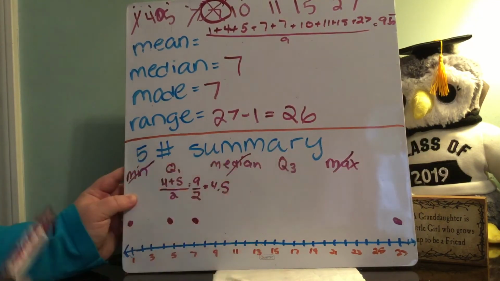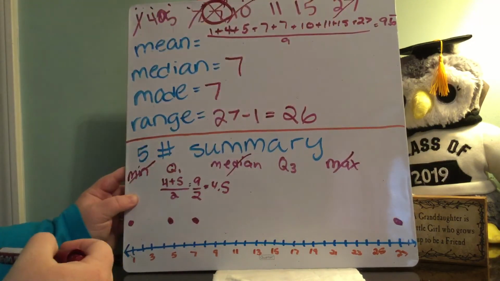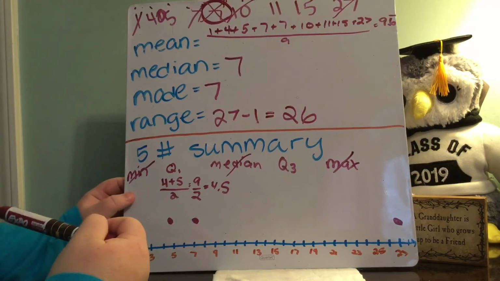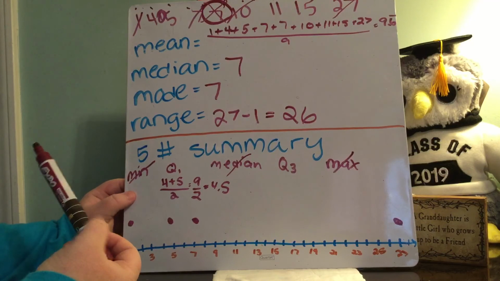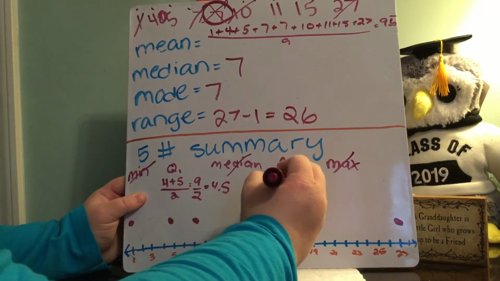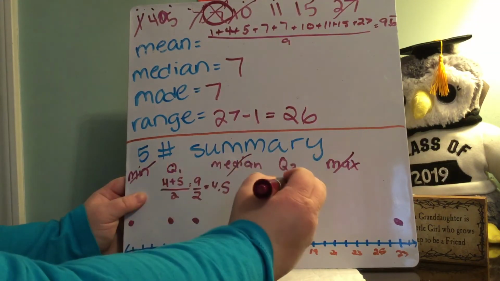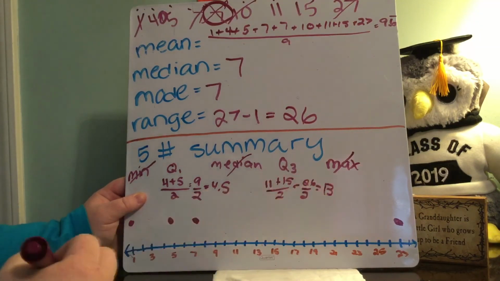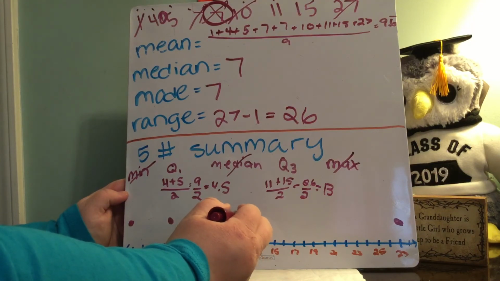We're going to do the same thing for quartile 3. We're going to cross out our 10 and our 27, and again, we're left with 2 numbers. So how do we find what's in the middle of 11 and 15? We're going to find our mean again. 11 plus 15 divided by 2 gives me 26 divided by 2, which is equal to 13. So now I'm going to go down to 13, and put that dot.